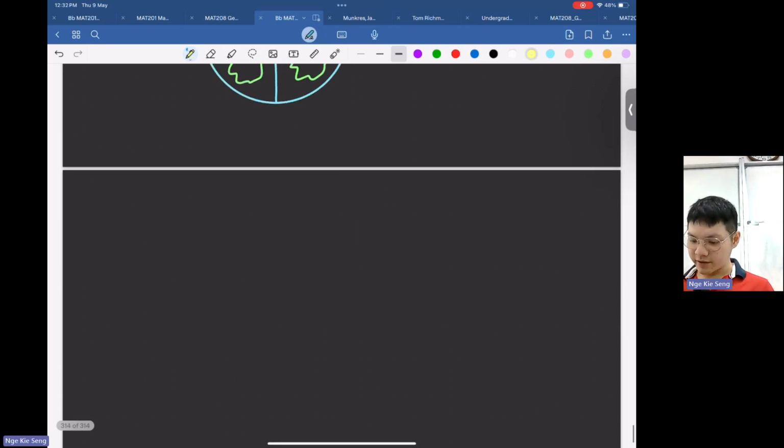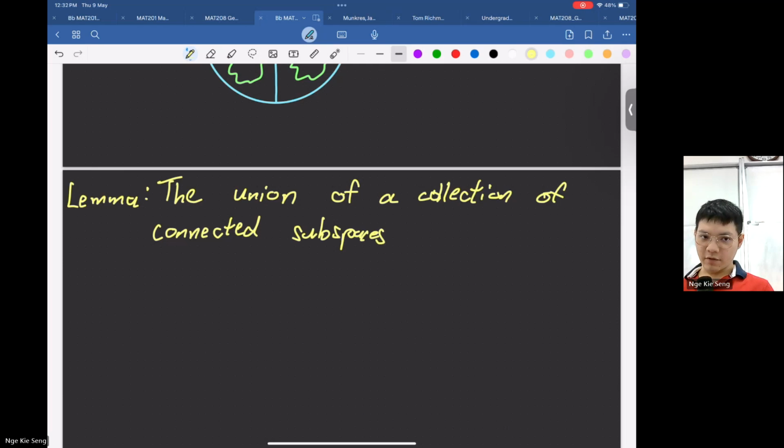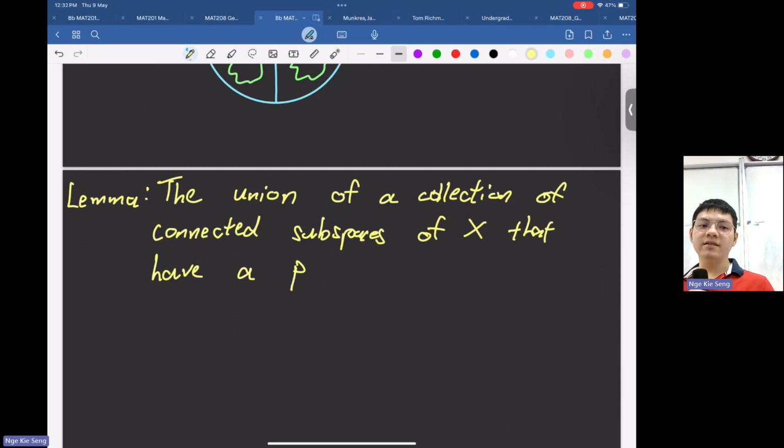By the way, you can stop me if you have any question. So lemma, the union of a collection of connected subspaces of X that have a point in common, meaning their intersection has at least one point in common, is connected.